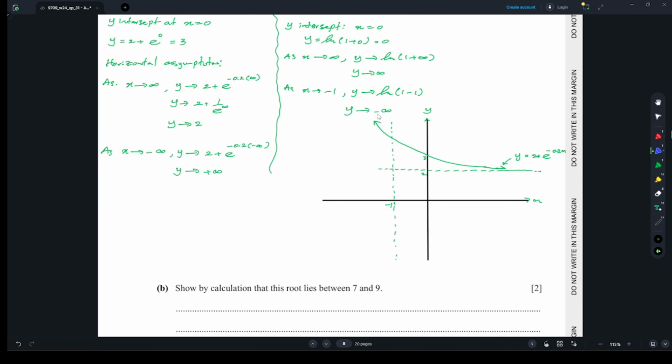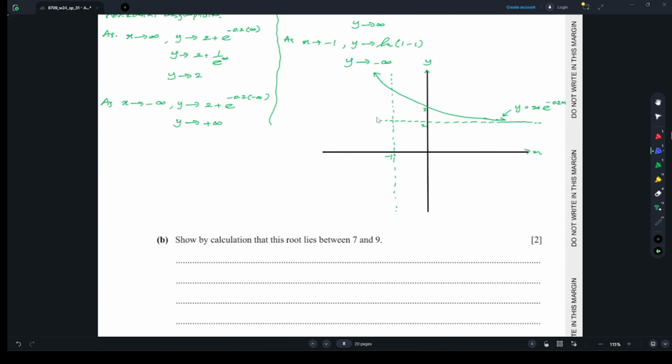And then as you can see, when the graph reaches -1, x goes to -1, y value is minus infinity, so it will be here. So it will reach -1.